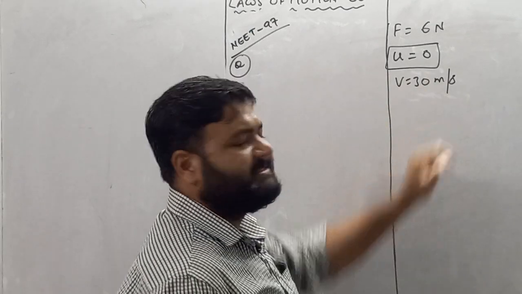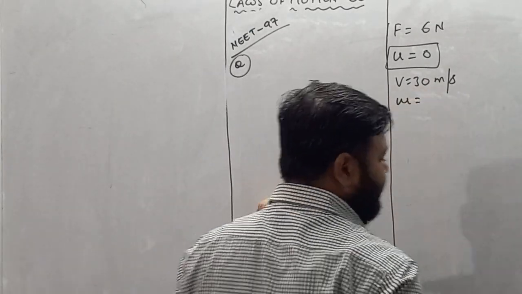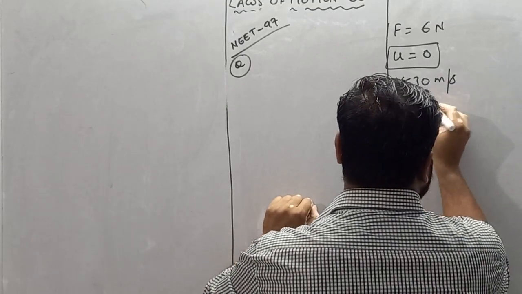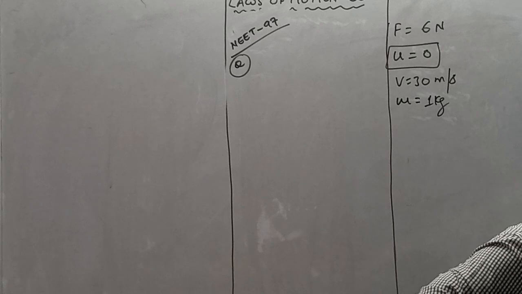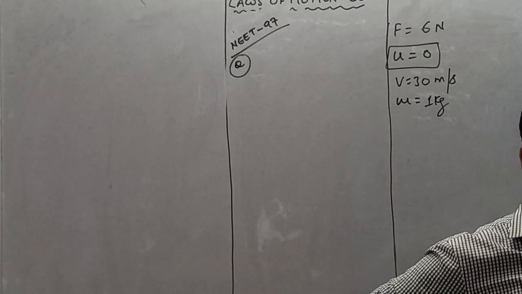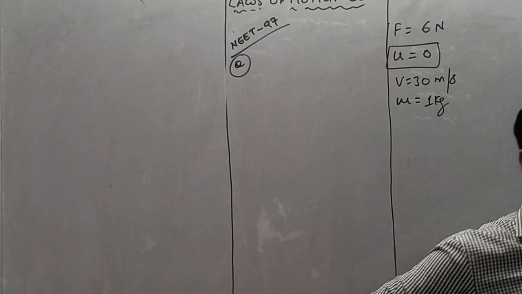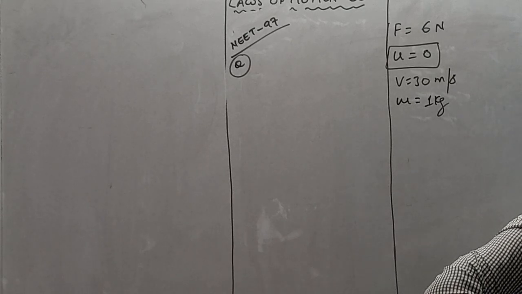So final velocity must be 30 meter per second, and the mass of the body is given as 1 kg.